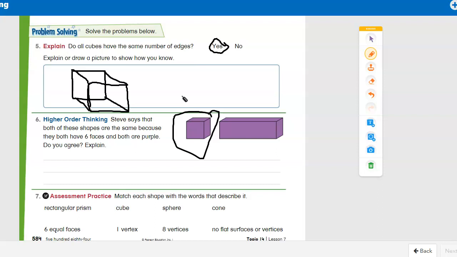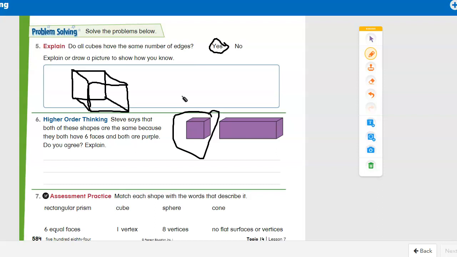Number 6 says, Steve says that both of these shapes are the same because they both have 6 faces and they are both purple. So do you agree? Do you agree that these two shapes are the same because they both have 6 faces and are both purple? So boys and girls, I want you to think.